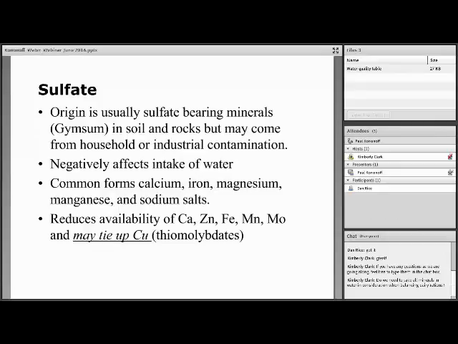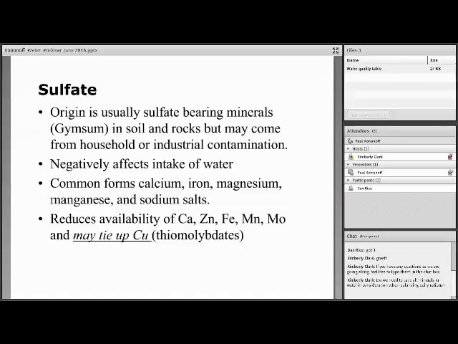So high sulfates may negatively affect water intake, but the other thing is it may actually negatively affect the availability of a number of minerals which I've got listed here. One of the things that's common is that sulfates may, through the formation of thiomolybdenates, tie up copper. So this is stereotypically a concern that we have with high sulfate, is that copper is tied up.